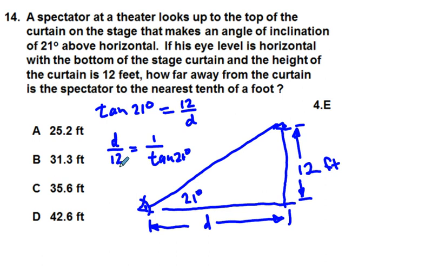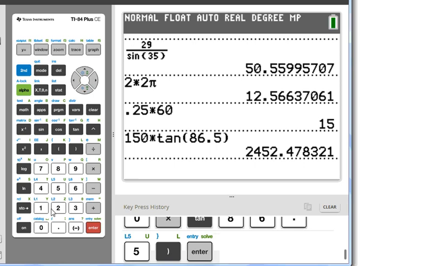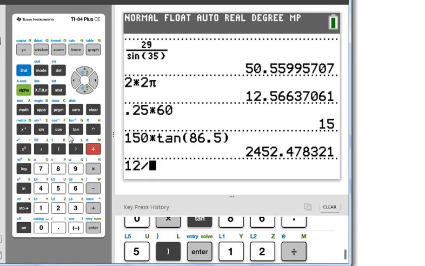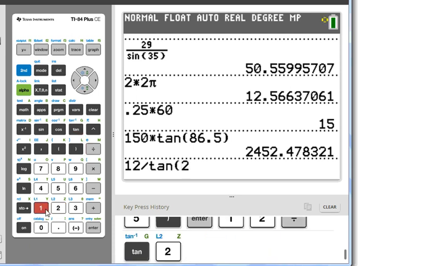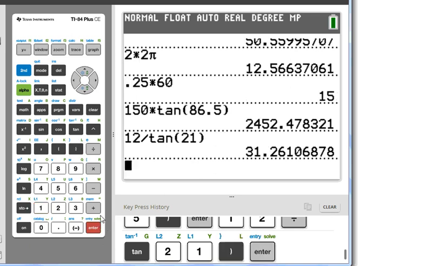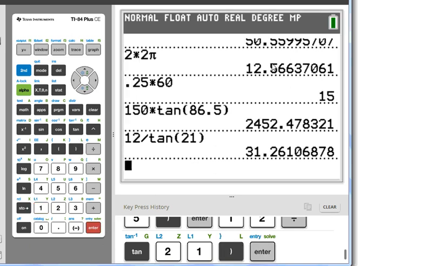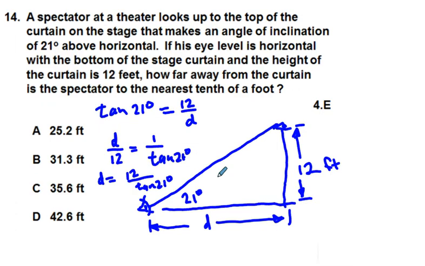So we cross multiply, and d is going to be equal to 12 over tangent of 21 degrees. So we go to our calculator, d equals 12 over tangent 21 degrees. We're in degrees, good. We get 31.3 feet.